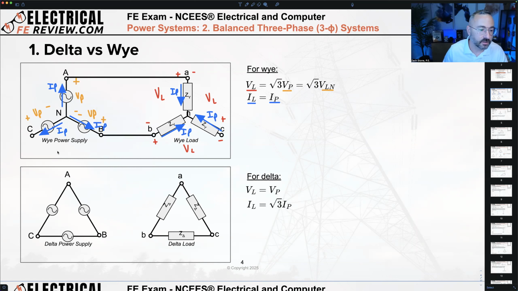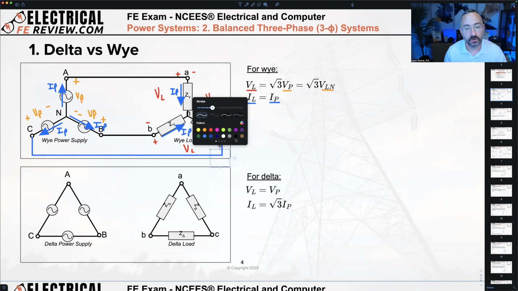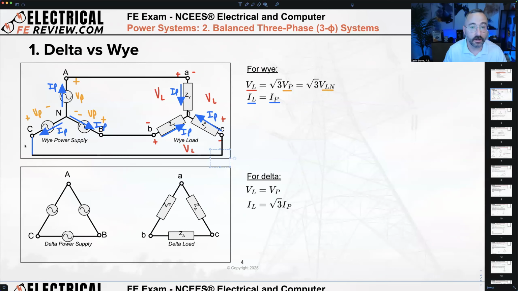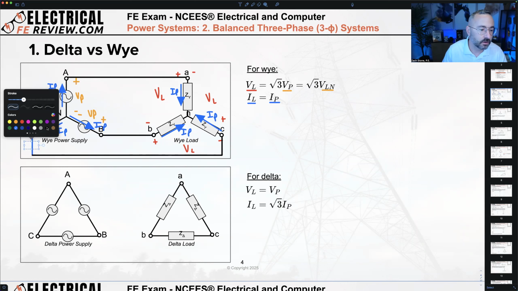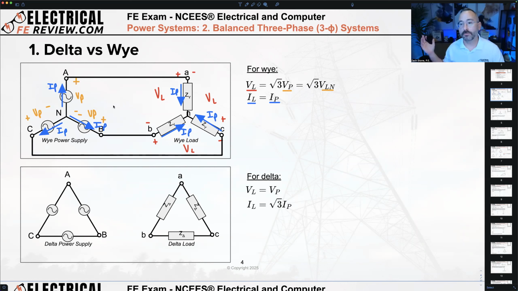And last, here is the conductor for our C phase, going from capital C at the power supply to lowercase c at the load. Now, what do you notice about the YY connection compared to the conductors that are connecting our power supply on the left to the load on the right?